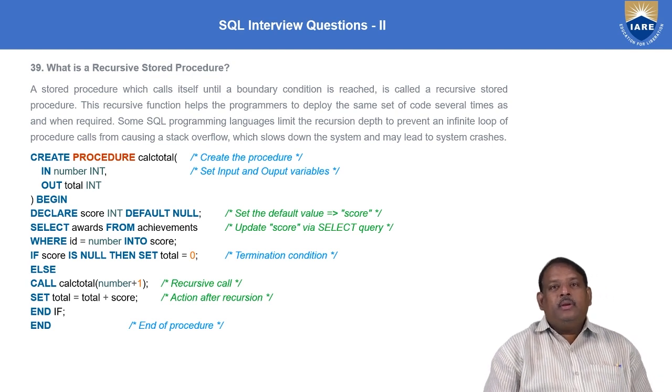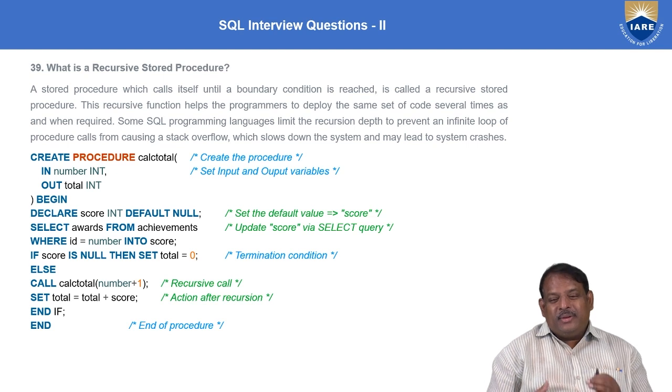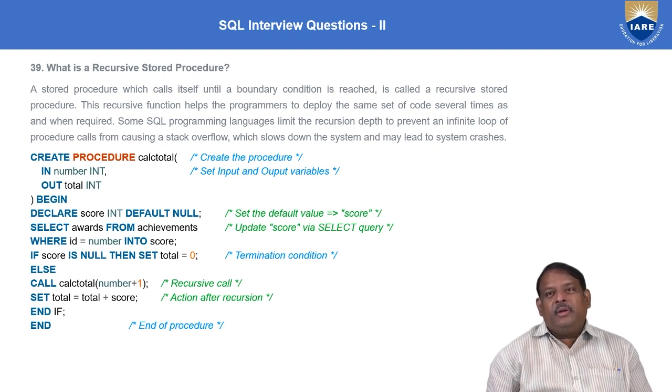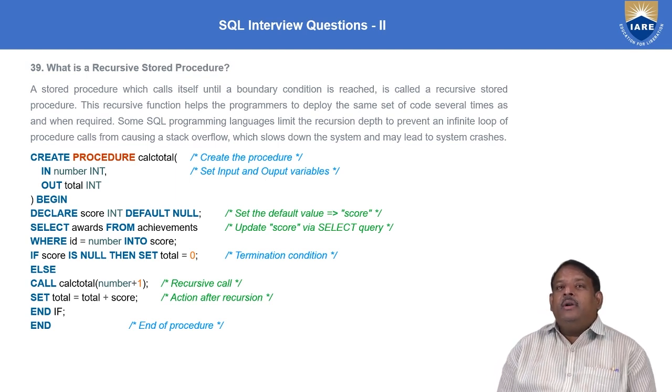Now we'll see what a recursive stored procedure is. Recursive means it keeps on executing till it finds an end loop. A stored procedure which calls itself until a boundary condition is reached is called a recursive stored procedure.